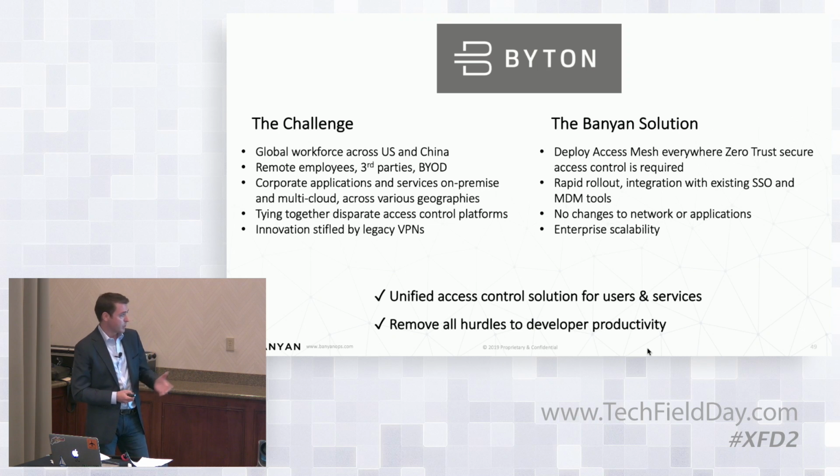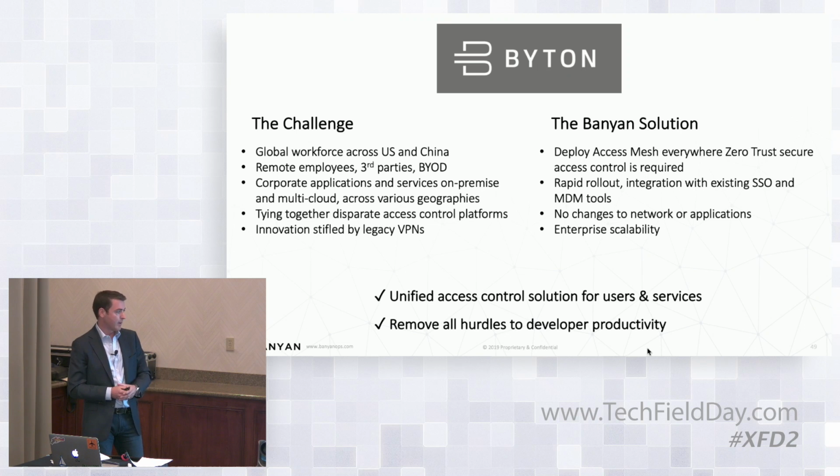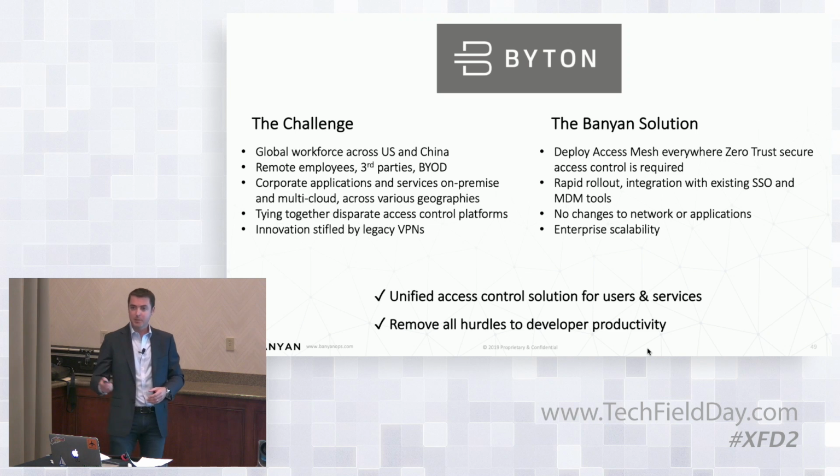We also integrated with their existing SSO, which I believe was Okta, and their existing MDM tools, tied it all together, and provided unified access control for their users and services end to end. In addition, we removed all hurdles to developer productivity, so they didn't have to deal with VPNs or manage spinning up VPNs.